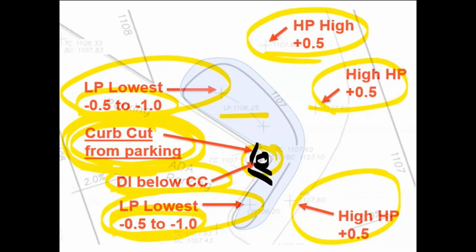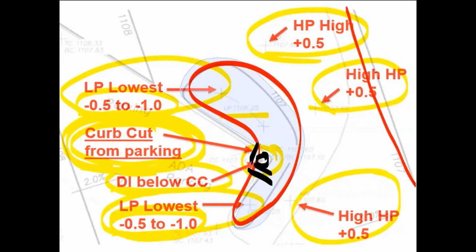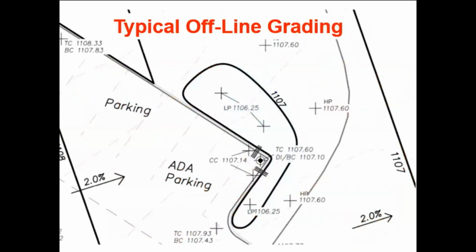Now, when you set your high points, you may have to change some contours. So, for example, if this 107 contour doesn't exist here, or this one doesn't exist, you may have to add those. But these are the elevations that you will need for all of the spot elevations to make your bioretention system function properly. So in this drawing, you can see all the pieces that are needed.